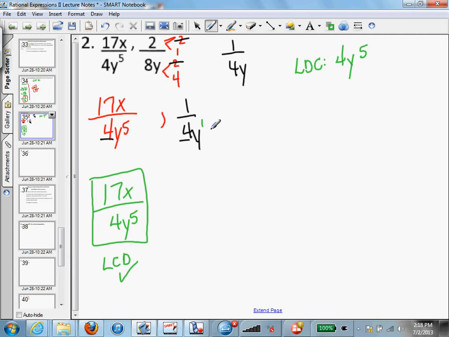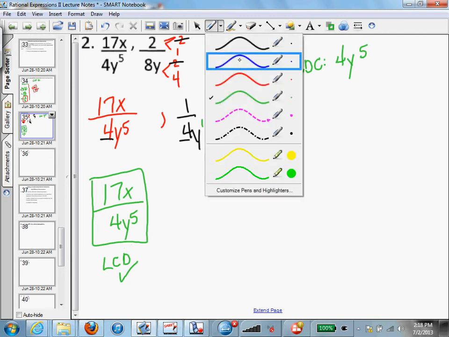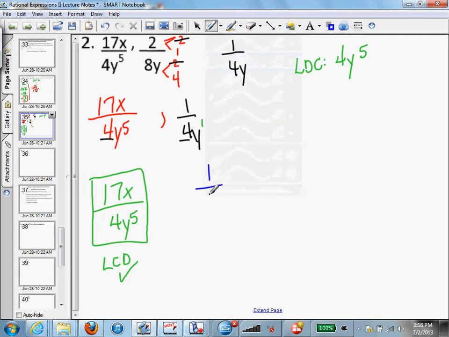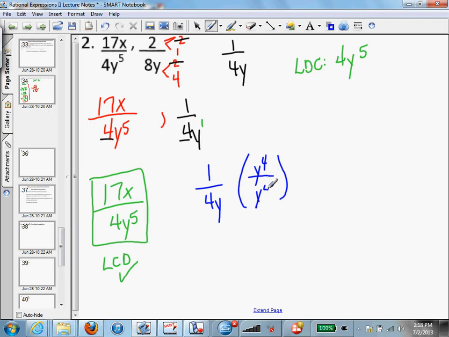But here we have y to the power of 1. So how can we make 1 over 4y have a denominator of 4y to the 5th? To do that, you want to multiply by 1 as the fraction of y to the 4th over y to the 4th.